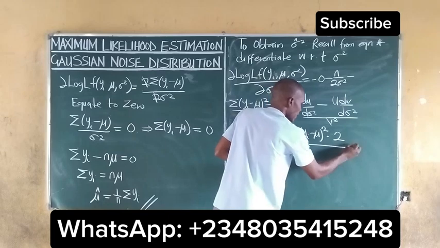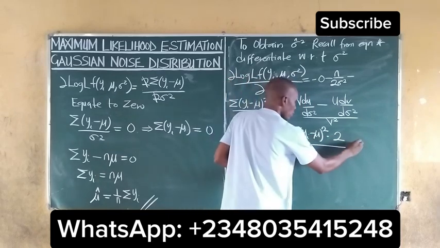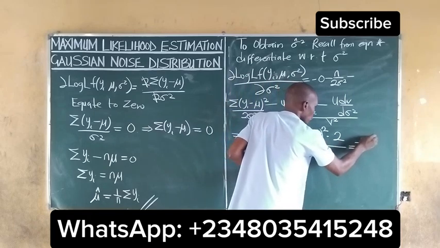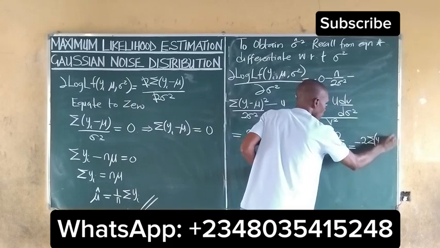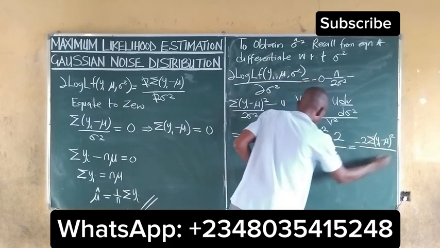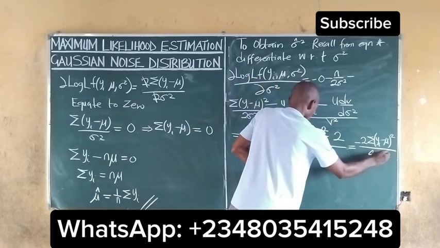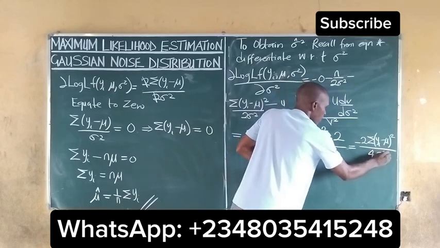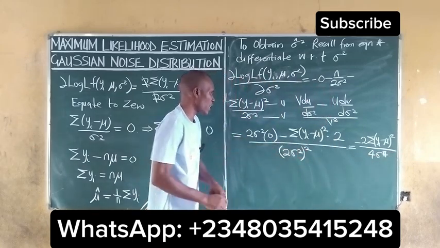If we rewrite this, the 2 will come over to give us negative 2 summation yi minus mu raised to the power of 2 all over, this will give us 4. If we put 2 here, it becomes what? 4. So this is what we get.